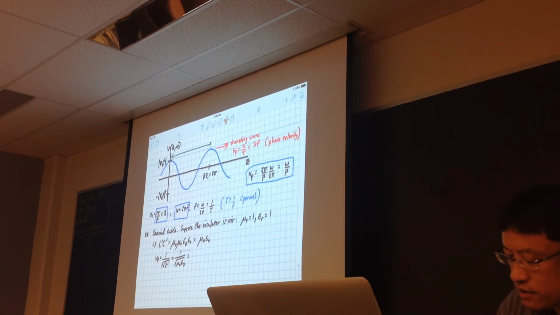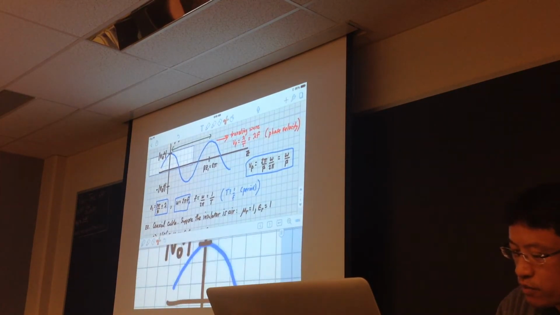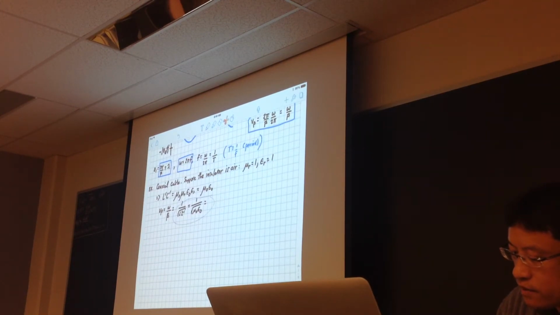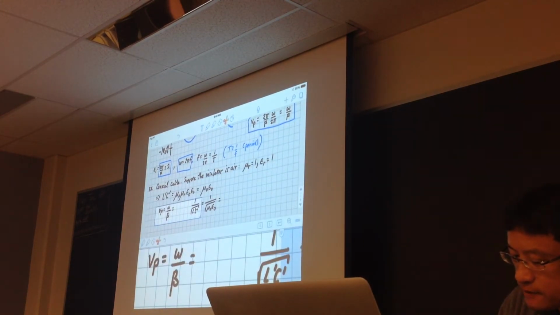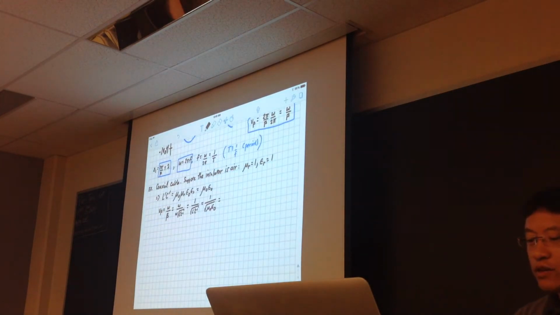Let me put in an intermediate calculation here. Phase velocity we just found to be omega over beta, and beta is omega square root of L prime C prime, so that the phase velocity is 1 over square root of L prime C prime, and L prime C prime we will show later in the course is the same as mu naught epsilon naught, and as you know from your homework, mu naught and epsilon naught are fundamental constants of nature.